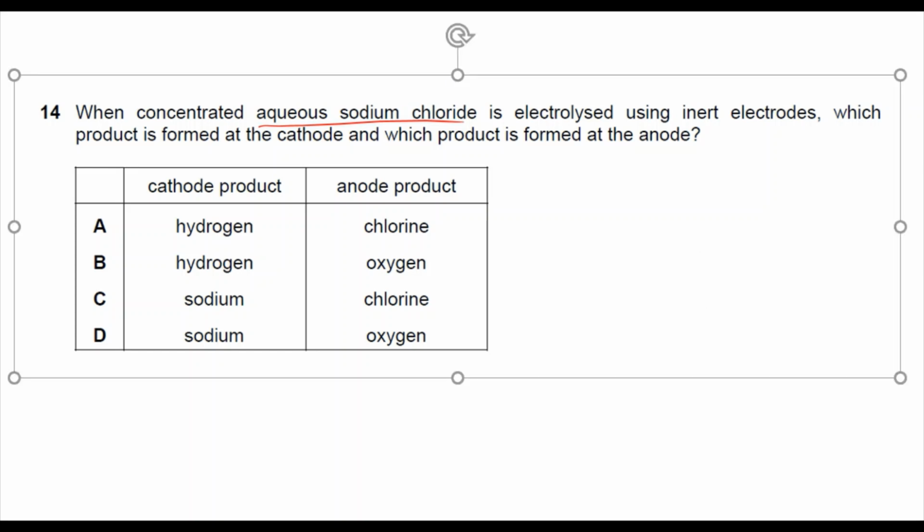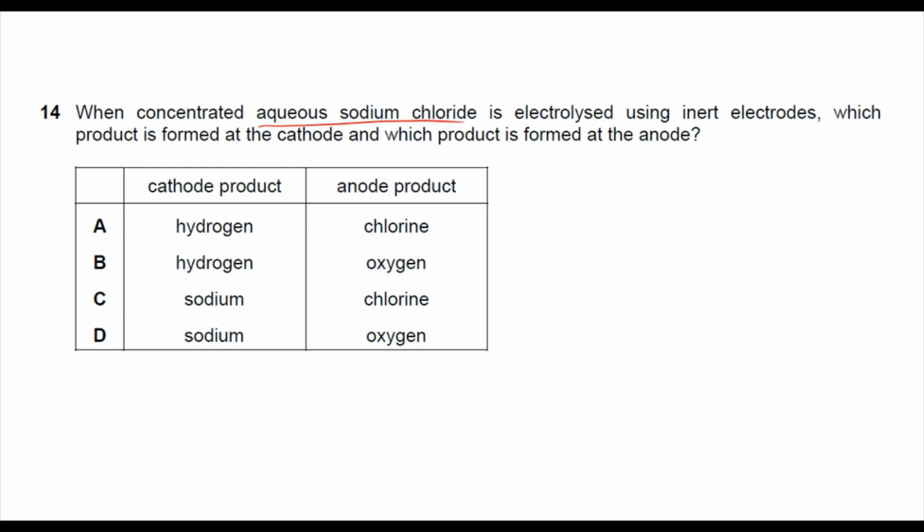The cations present are Na+ and H+ because of water, and the anions present are OH- because of water and Cl- because of the ionic compound itself, sodium chloride.